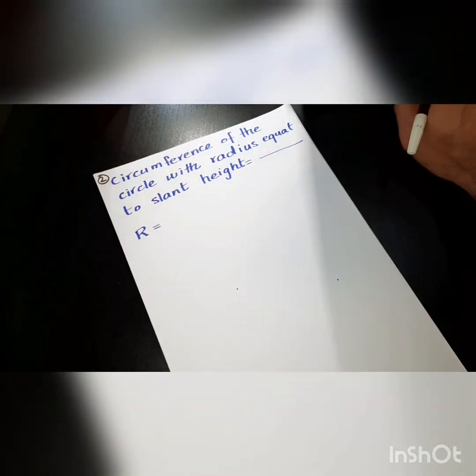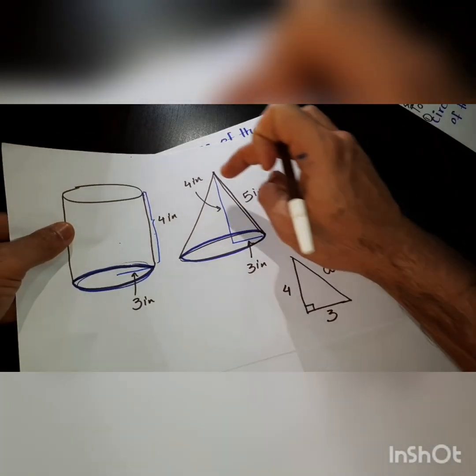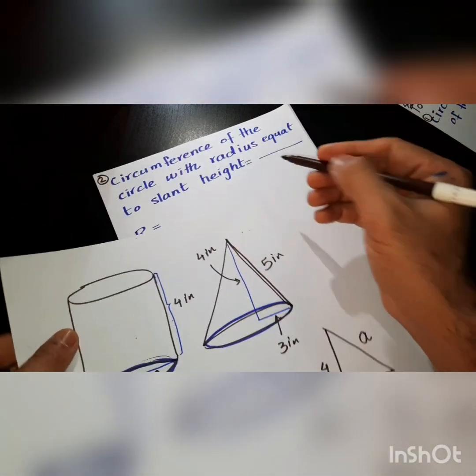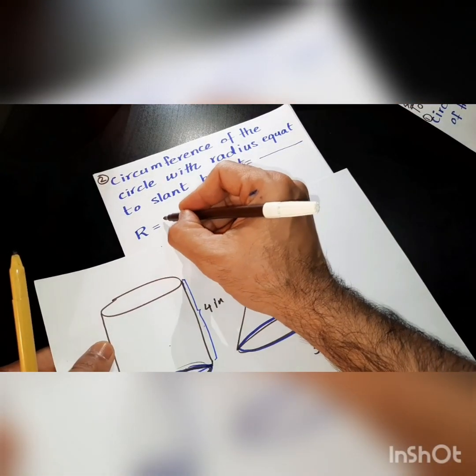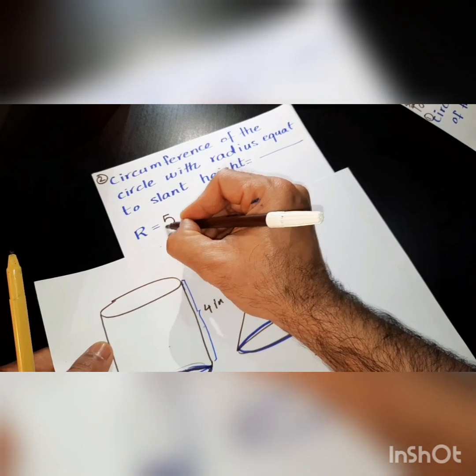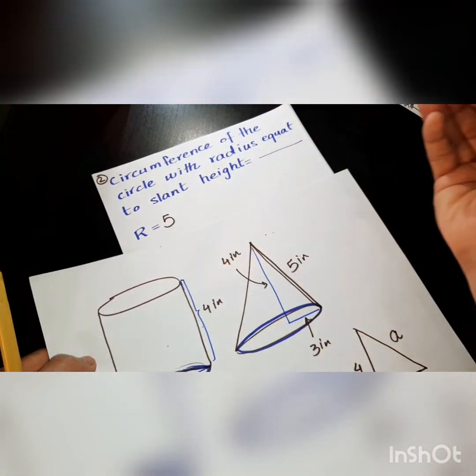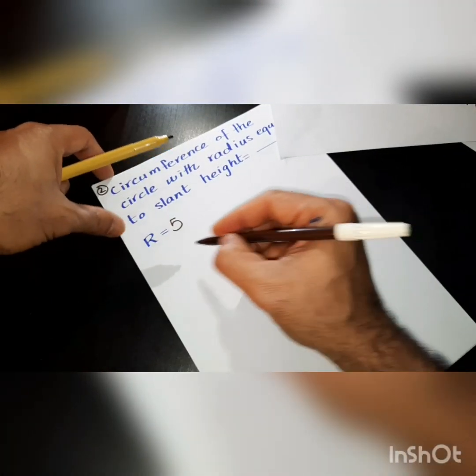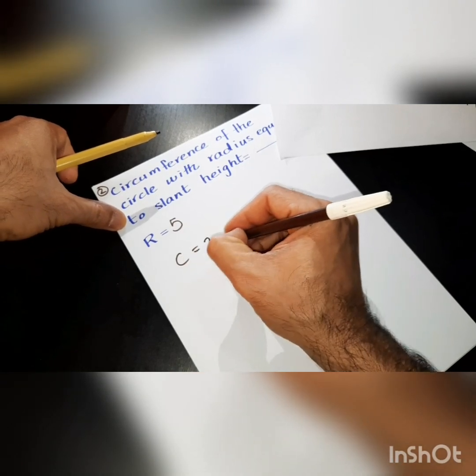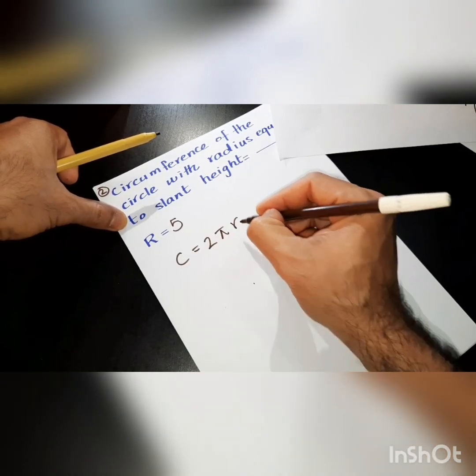Next we will find the circumference of the circle with the radius equal to the slant height. Our slant height is 5 inches, so our radius is going to be 5 in this case, and we use the same formula, C equals 2 pi r.